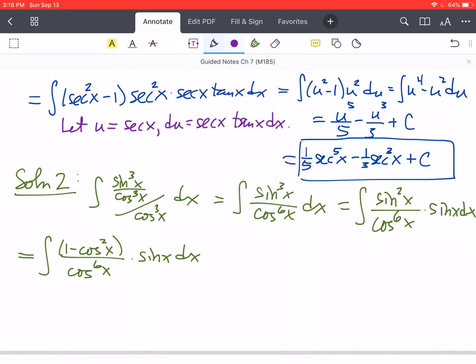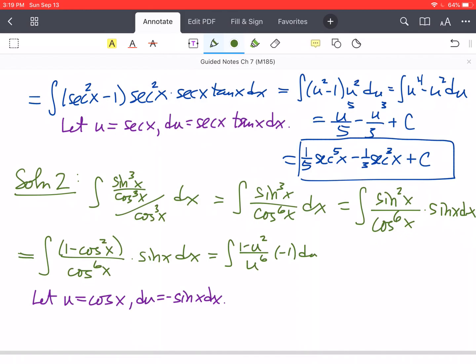Here we get our u sub, so let u be cosine of x. Then du is negative sine of x dx. So we get 1 minus u squared over u to the 6th times negative 1 du, because it was negative sine.